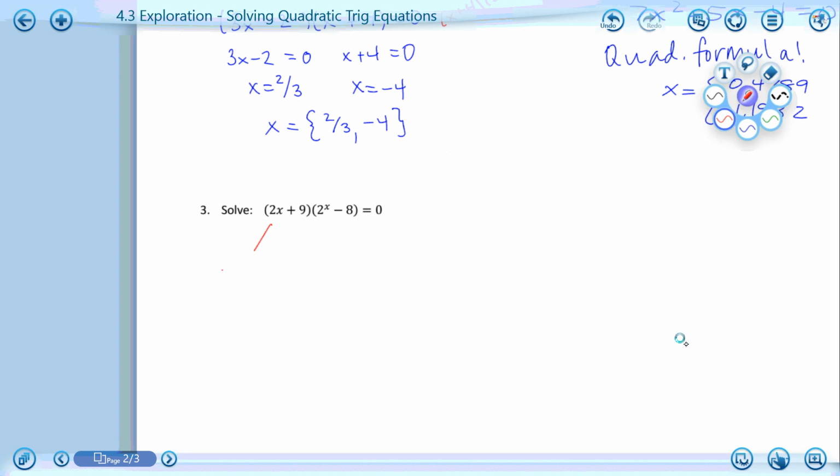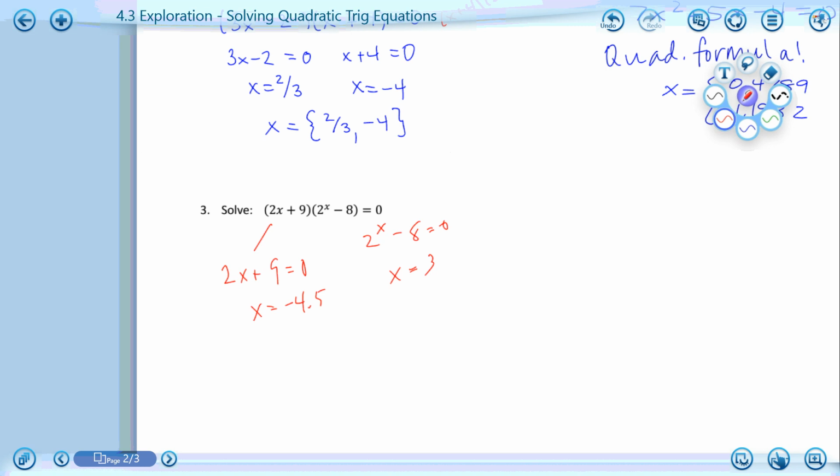So either this is equal to 0, and that happens when x is equal to negative 4.5, or the other thing is equal to 0, and that happens when x is equal to 3. If that wasn't obvious to you, I did that with just guess and check. The way to solve that equation, because it has the unknown in the exponent, would be with logs. So, yep, they just keep coming back.